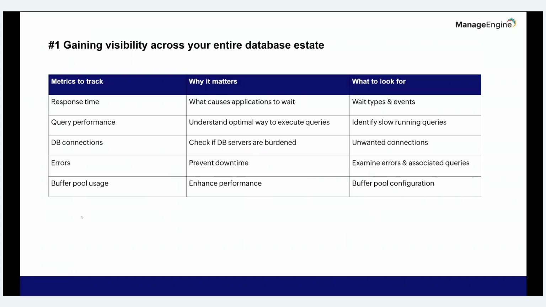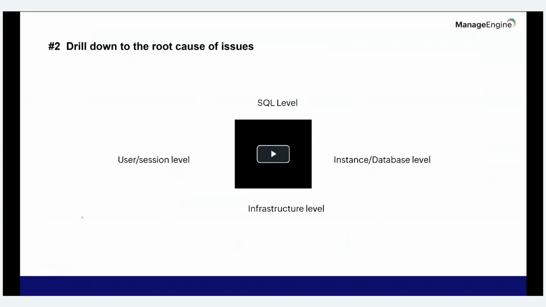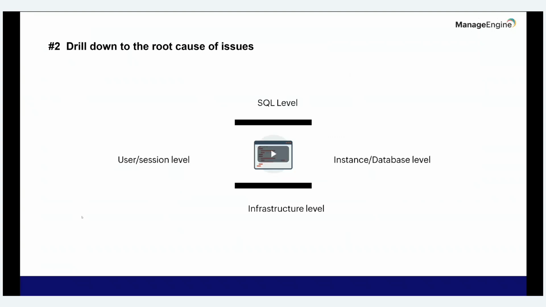Buffer pool usage is also a very key factor because with the help of buffer hit ratios, cache ratios, and pool usages, we can easily fine tune our DB servers within our environment. We have to drill down to the root cause of the DB at the SQL level, the instance level, the infrastructure level, and also the user sessions. So when we see the SQL level, it's actually the SQL DB server.